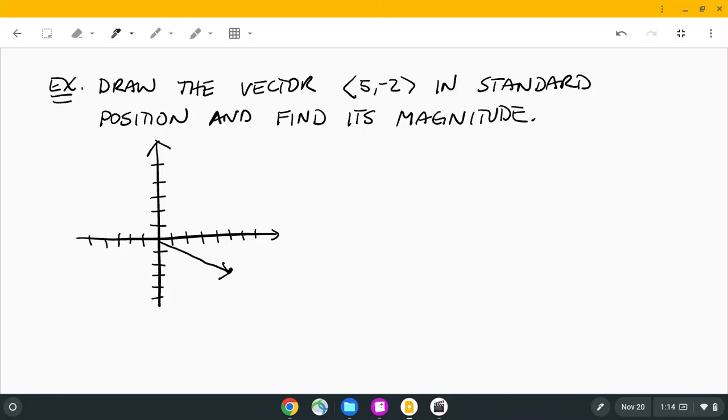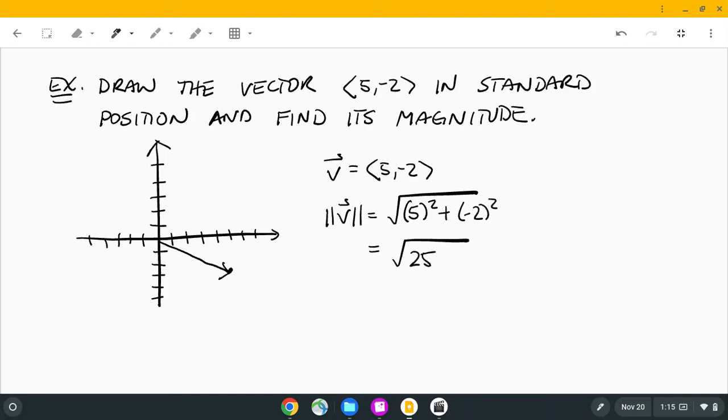All right, so vector v is 5, -2. And then the magnitude of this vector will be the square root of 5 squared plus negative 2 squared. So that is going to be 25 plus 4, which is the square root of 29.